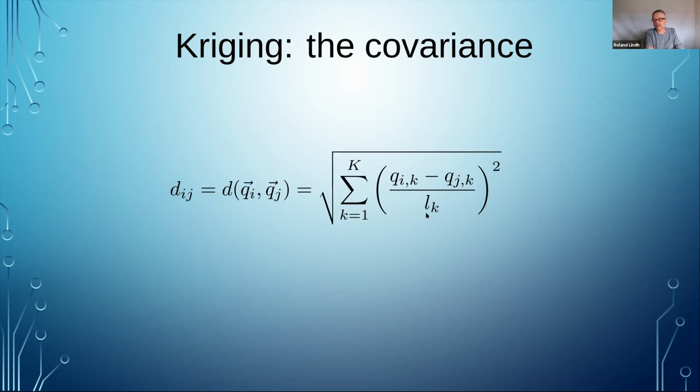The characteristic length is one of the hyperparameters of the Kriging method, and that is something you can optimize in order to get the best possible method. In our case, we're using internal coordinates, which means that the surrogate model that we use is translational and rotational invariant. If you used Cartesian coordinates, on the other hand, you would get a surrogate model that would not have those properties.